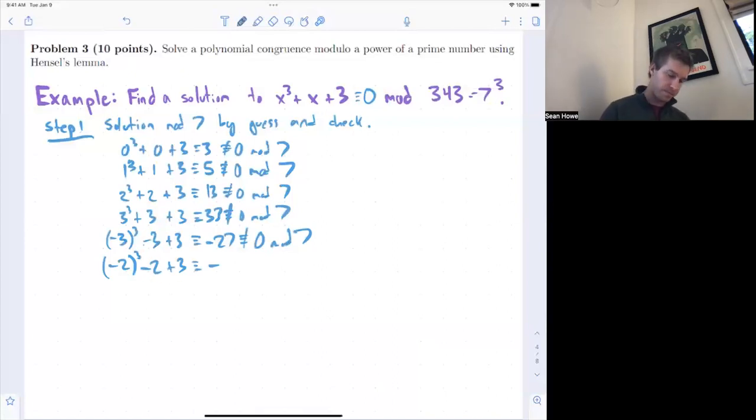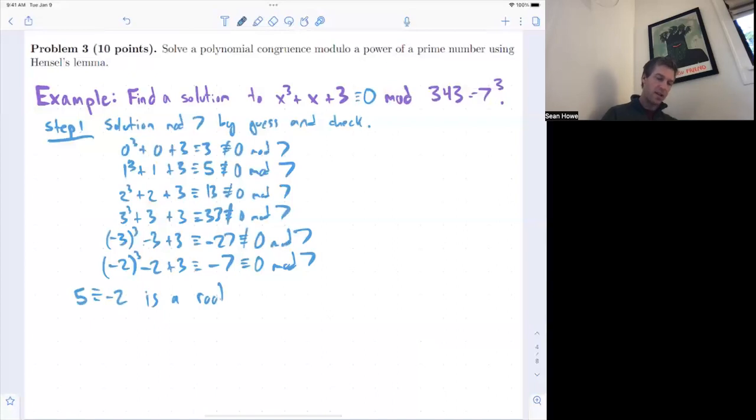This is minus 7, so that is 0 mod 7. So I found a root: minus 2 is a root mod 7. I like working with positive numbers, so let me write that as 5 instead. So 5 is a root mod 7.